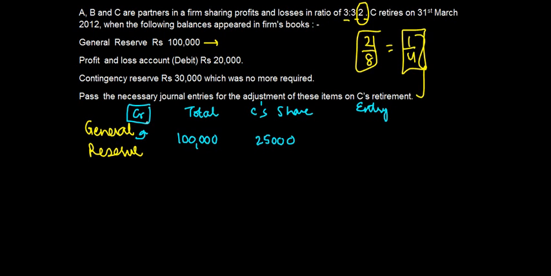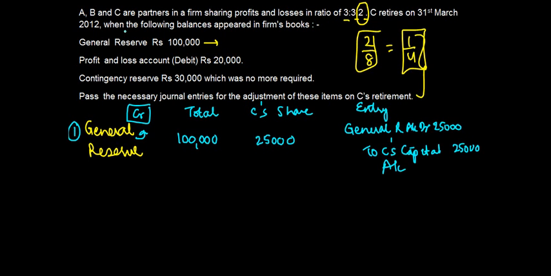So when you are transferring general reserve, you have to debit it. General reserve account debit, and you will credit C's capital account. Why? Because C is entitled to receive money in respect of this general reserve. So we will pass this entry for 25,000.